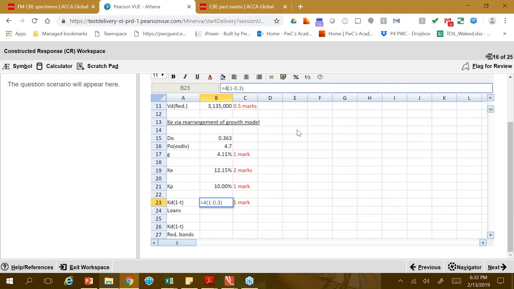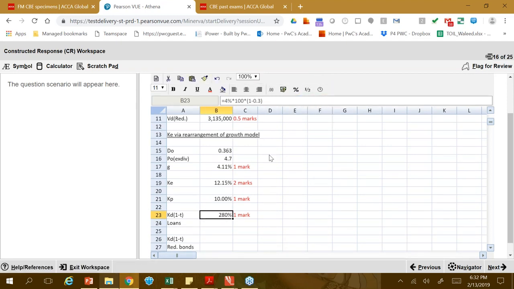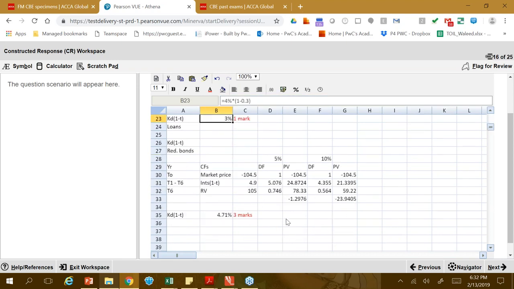So 4% into 100 into 1 minus the T. So 2.8% is what we are looking at here, or 3% rounded. And then finally the KD of the bonds, which is 4.71.